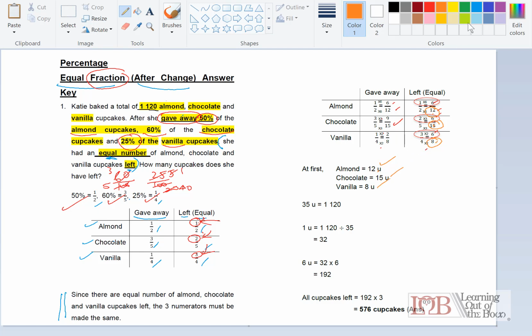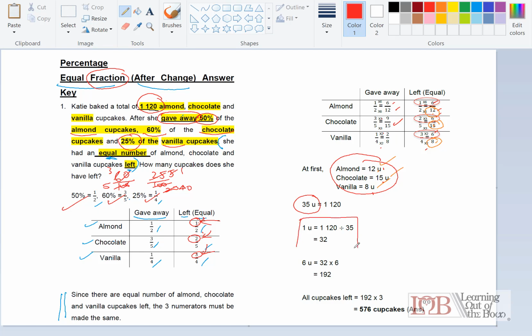Okay, so now we have this information. We need a number to help you to solve, right? And the only number that you can find will be, excuse me, we have 1,120. So 12 units plus 15 units plus 8 units will give you 1,120. Okay, so 35 units is 1,120. And then we will have 1 unit is actually 1,120 divided by 35.